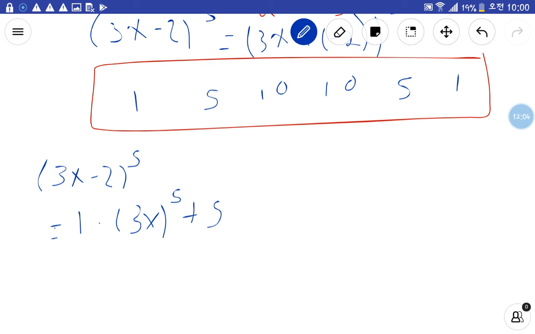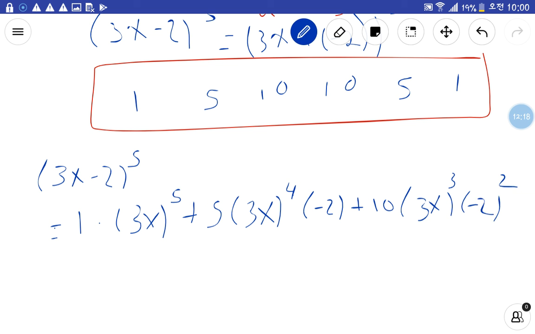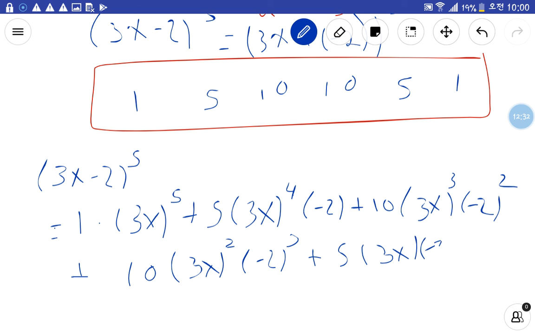And then plus 5, 3x to the 4th power, negative 2 to the 1st power, plus 10, 3x to the 3rd power, negative 2 to the 2nd power, plus 10, 3x squared, negative 2 to the 3rd power, plus 5, 3x, negative 2 to the 4th power, and my last term, negative 2 to the 5th power.